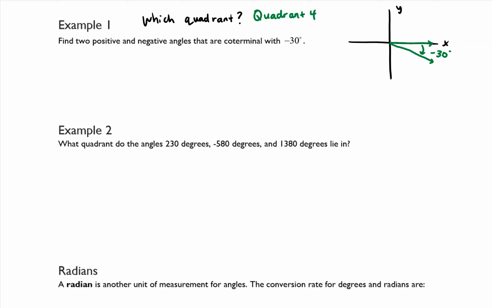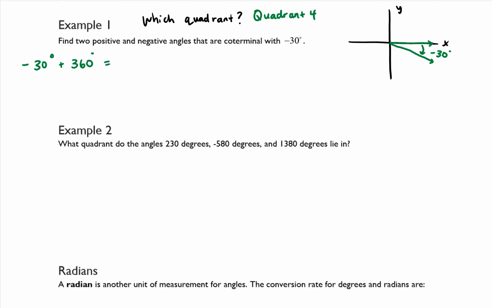So now we have that placed there, and the secret to coterminal angles is basically just traveling a full rotation, either in the positive direction or in the negative direction. So if I'm starting off with negative 30 degrees, in order to go in the positive direction, I would add a full rotation, which again is 360 degrees.